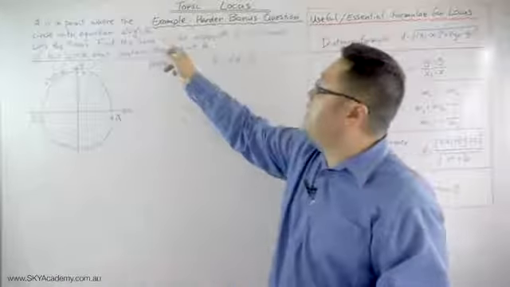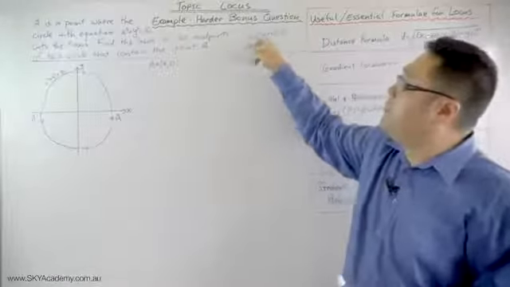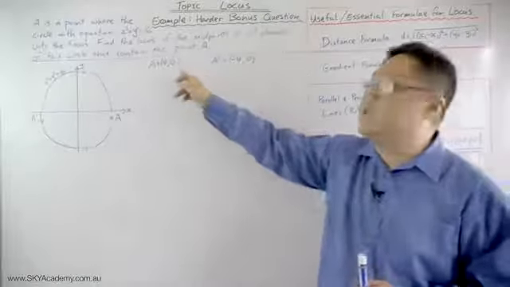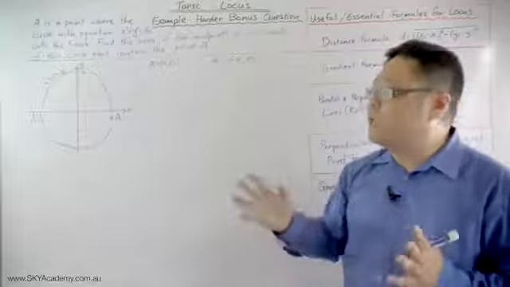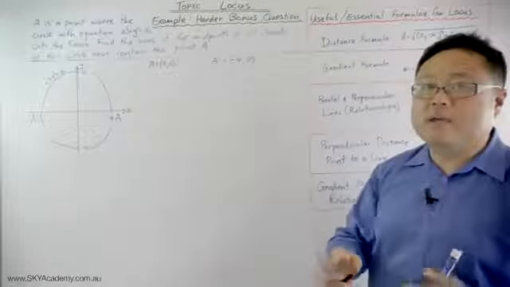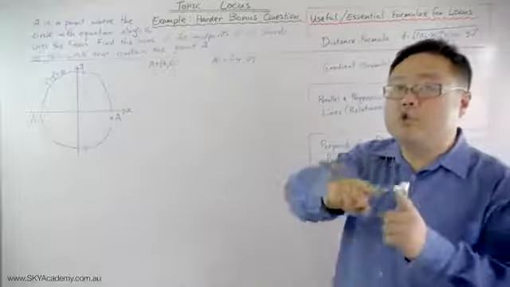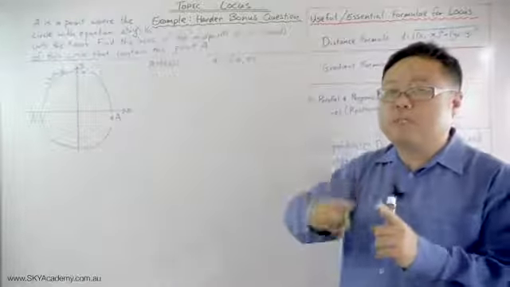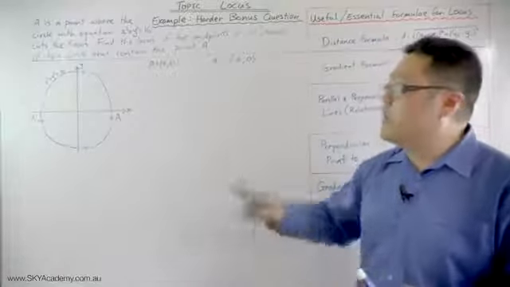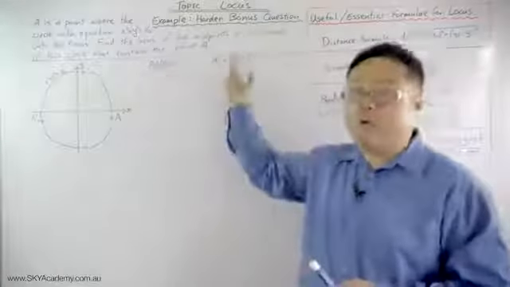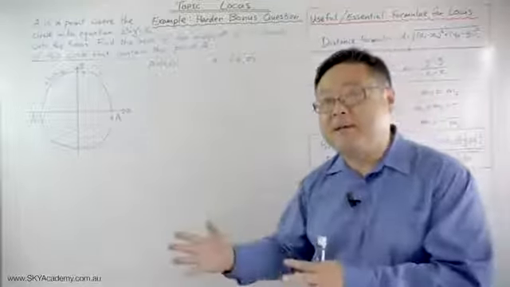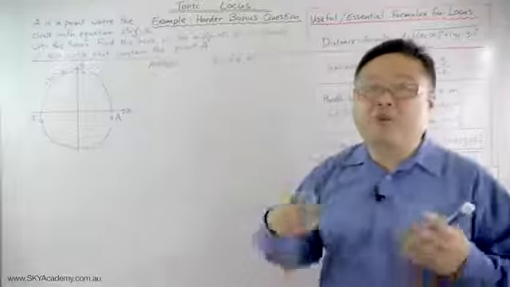Then it says, find the locus of the midpoints of all chords of this circle that contain point A. Now, what is a chord? A chord essentially is a line that joins two points on the circumference of a circle. One of those points is going to be A or A dash. Your other point is going to be the point P, your arbitrary locus point.